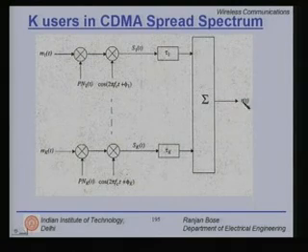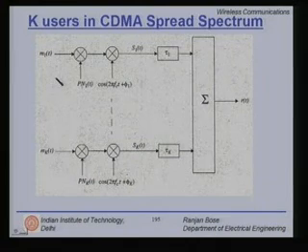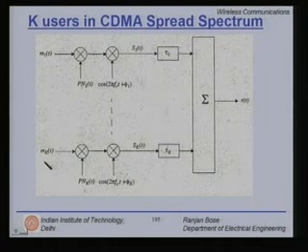So at the receiver, I have a summation of all these signals coming in. This is a multi-user scenario. What you want to do is extract, say, user 1's data and reject M2, M3 up to Mk. Right? So you have to treat the other ones as interference.